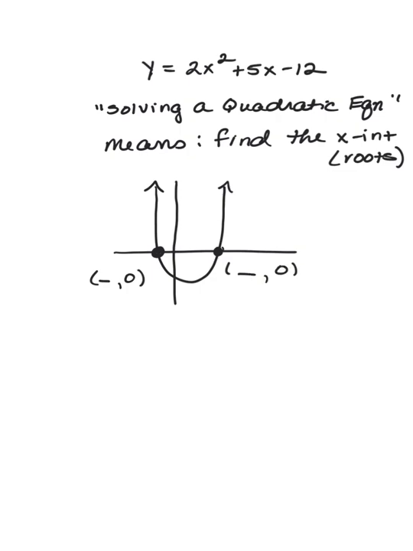So when we solve a quadratic equation and we're looking for those x-intercepts, that means we're setting y equal to 0. So on your homework paper, you have a quadratic equation to solve and it's already set equal to 0 for you. See, so we're setting it equal to 0. We're finding the x values that make y equal to 0, okay?